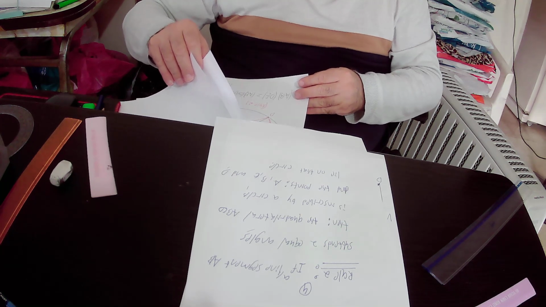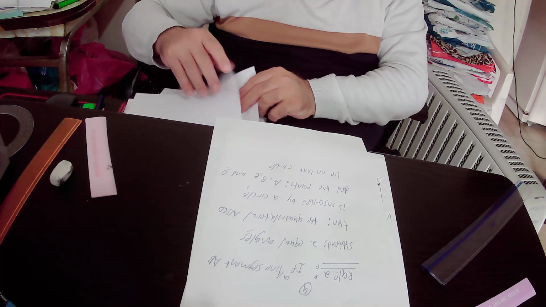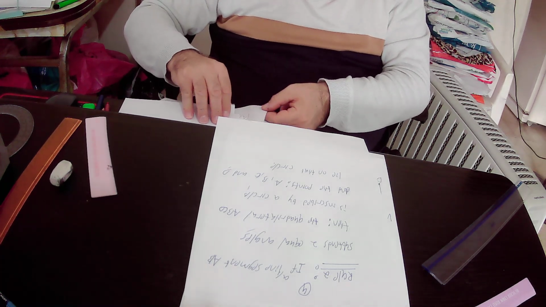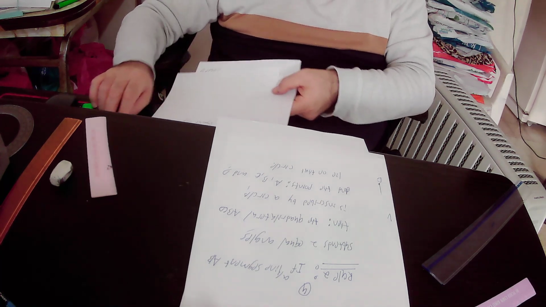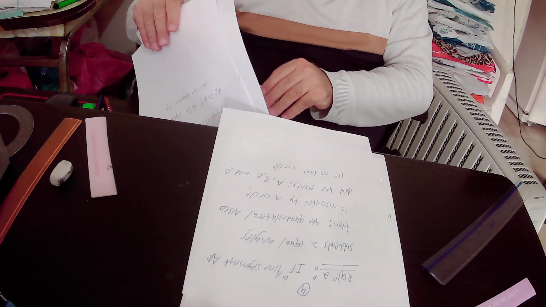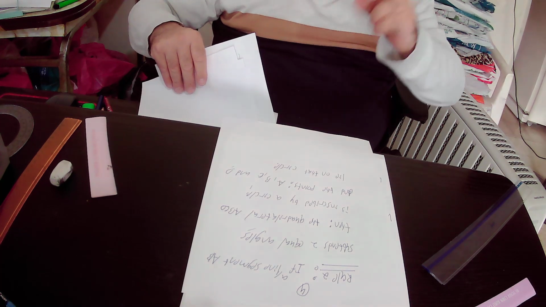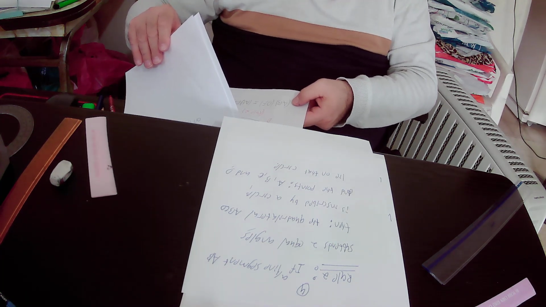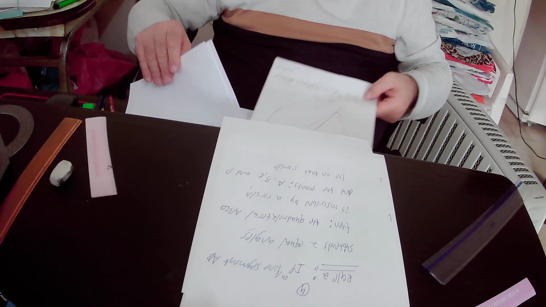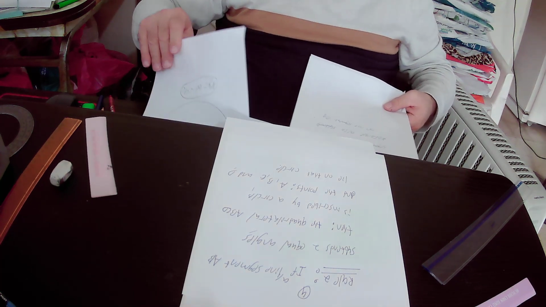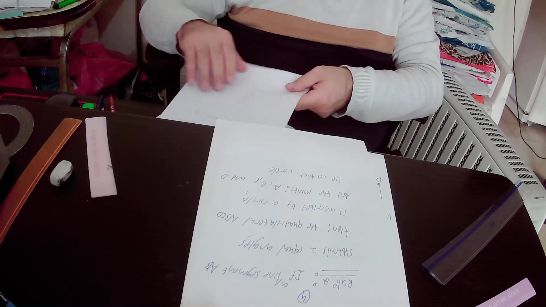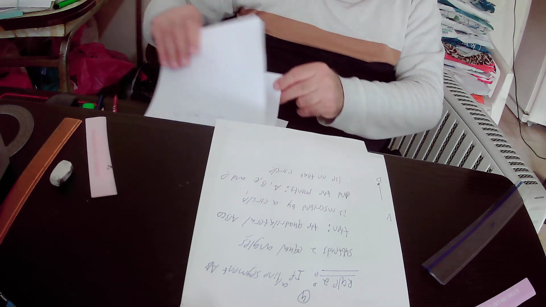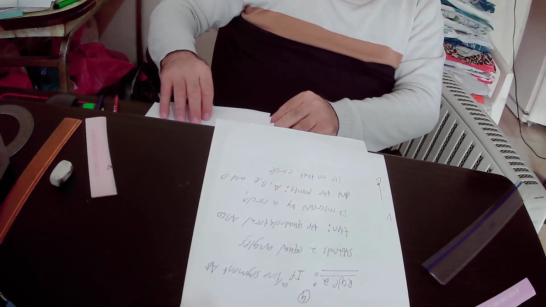So actually, if we have line segment AB that subtends two equal angles, then the quadrilateral ABCD is inscribed by a circle, and the points A, B, C, and D lie on that circle. Okay, so I will draw it again.